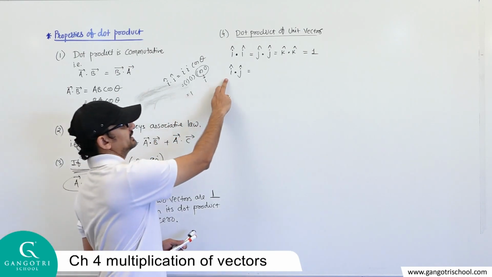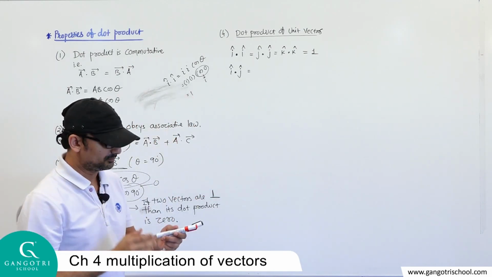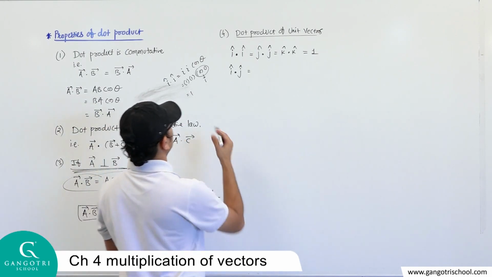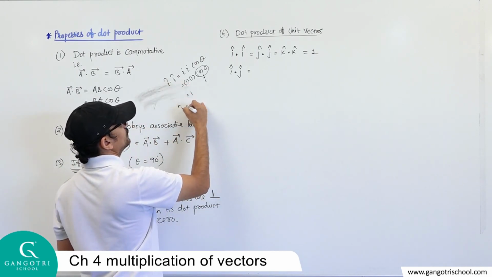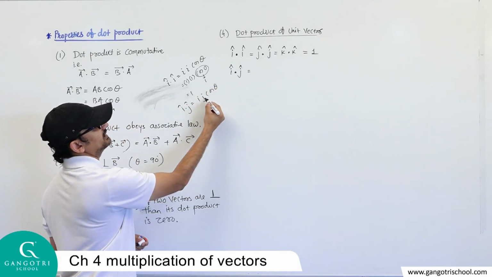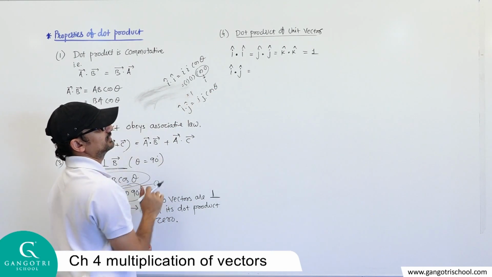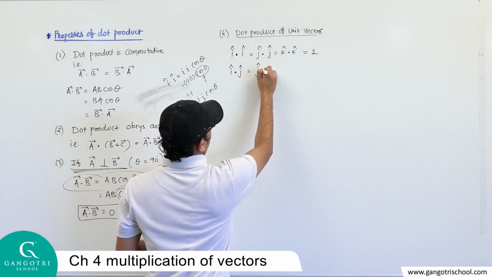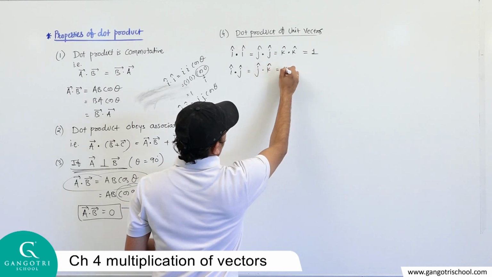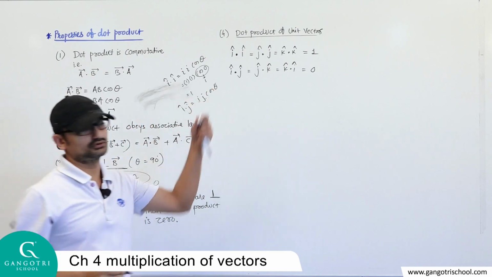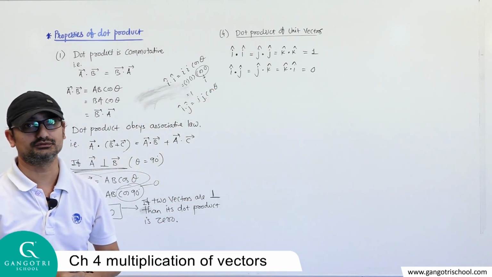So here i caret and j caret are perpendicular unit vectors, so their dot product must be 0. For example, i caret dot j caret is equal to ij cos theta, where theta is the angle between i and j, which is 90 degrees. Cos 90 is 0. So i dot j, j caret dot k caret, k caret dot i caret are all equal to 0. Remember this, it's the most important one.